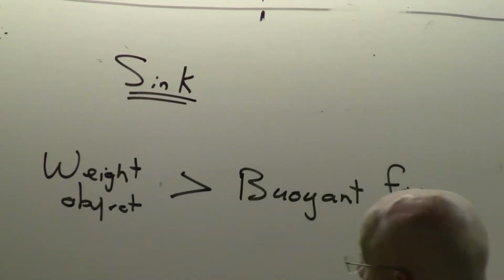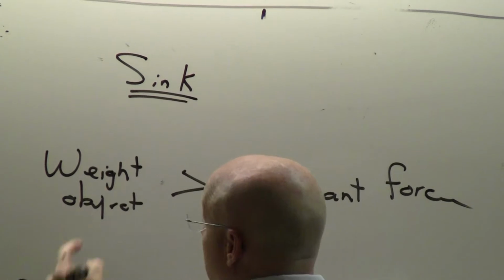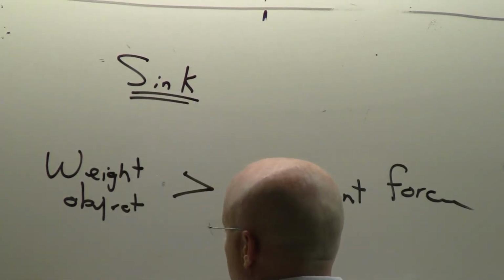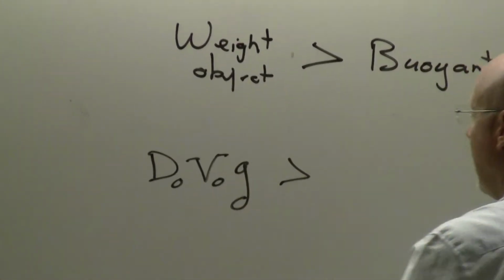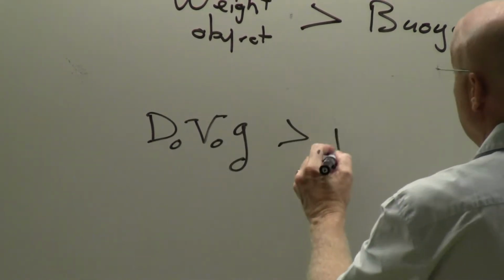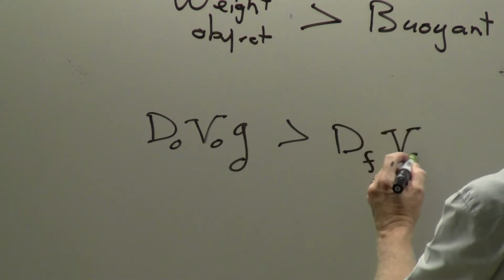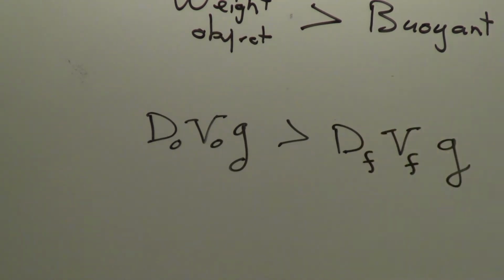And if we put in this logic, we would have the density of the object times the volume of the object times g. It needs to be greater than the density of the fluid times the volume of the fluid times g.